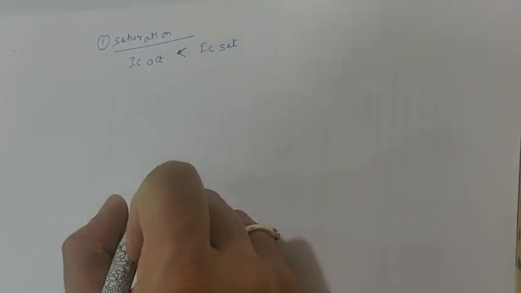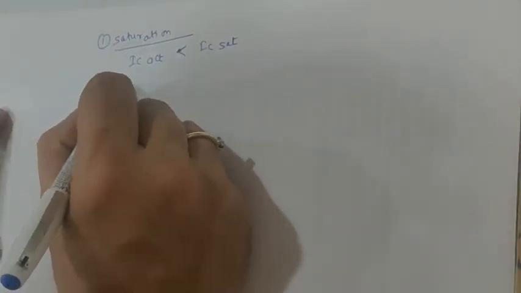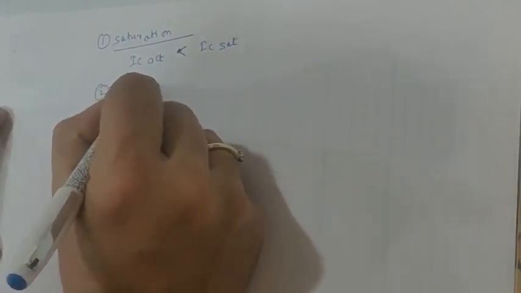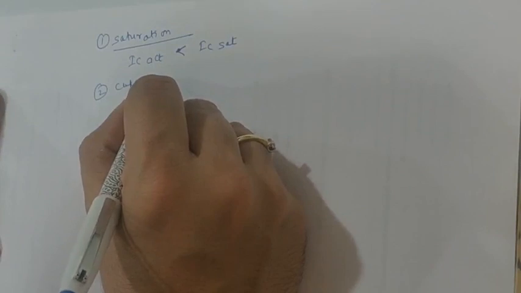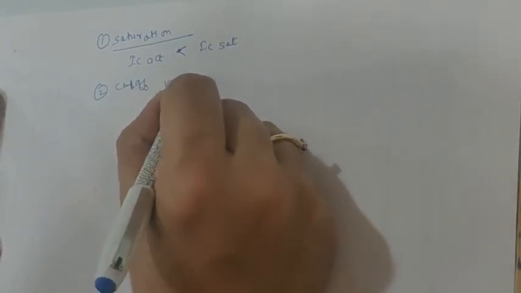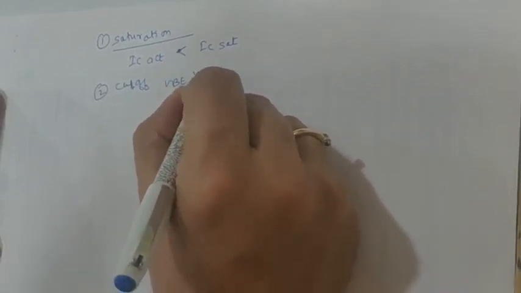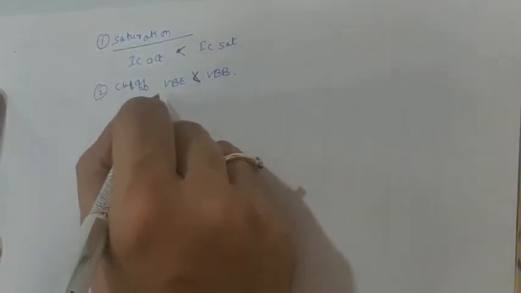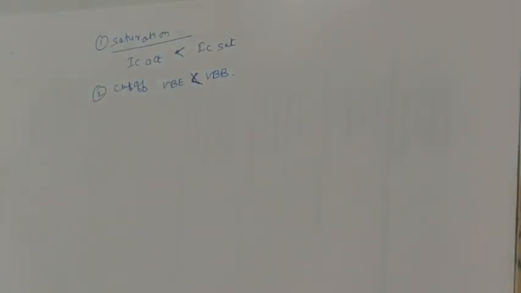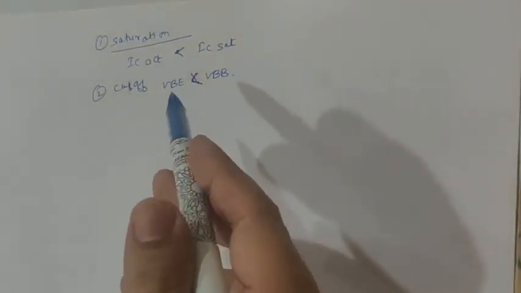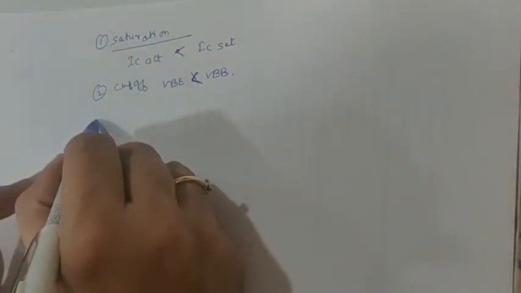Then for cutoff region, the value of applied voltage, VBE, should be less than VBB. The input voltage should be less than VBB, or it should be of course less than 0.7 volt or 0.3 volt depending on the material.